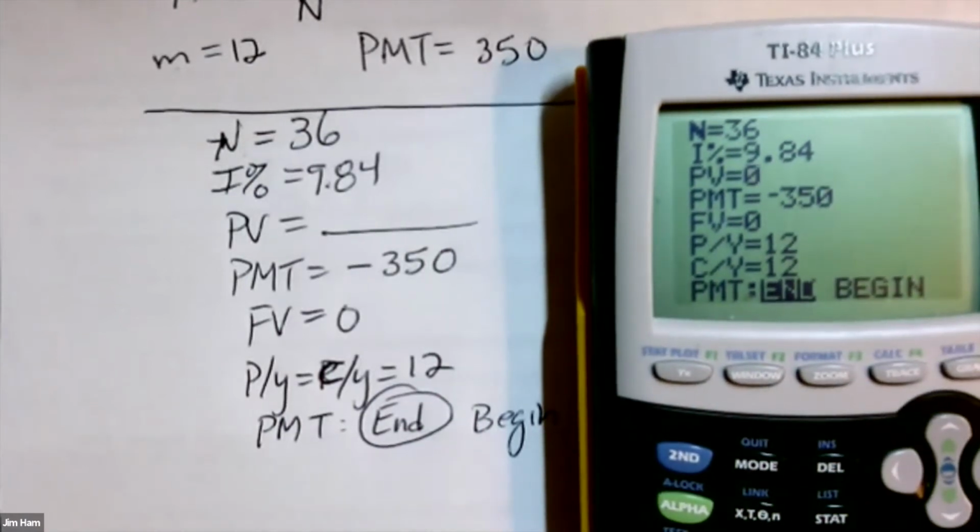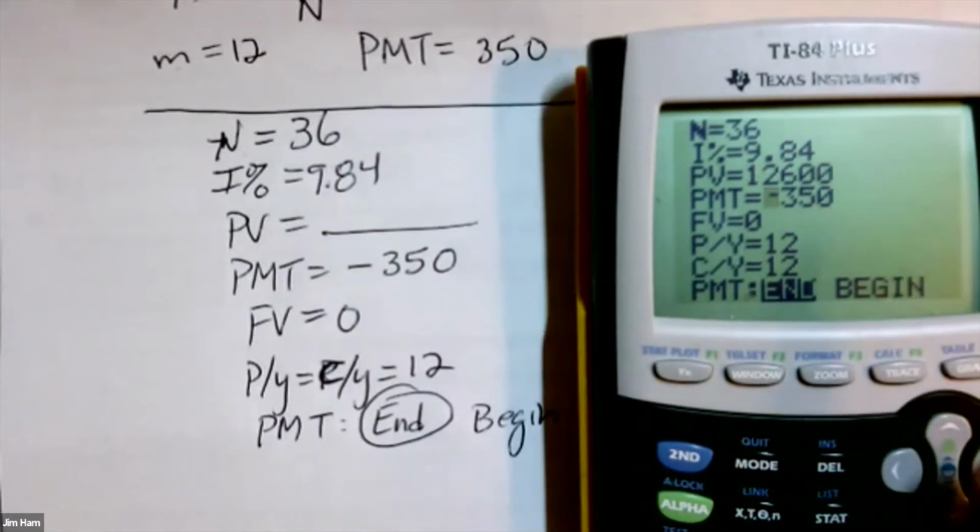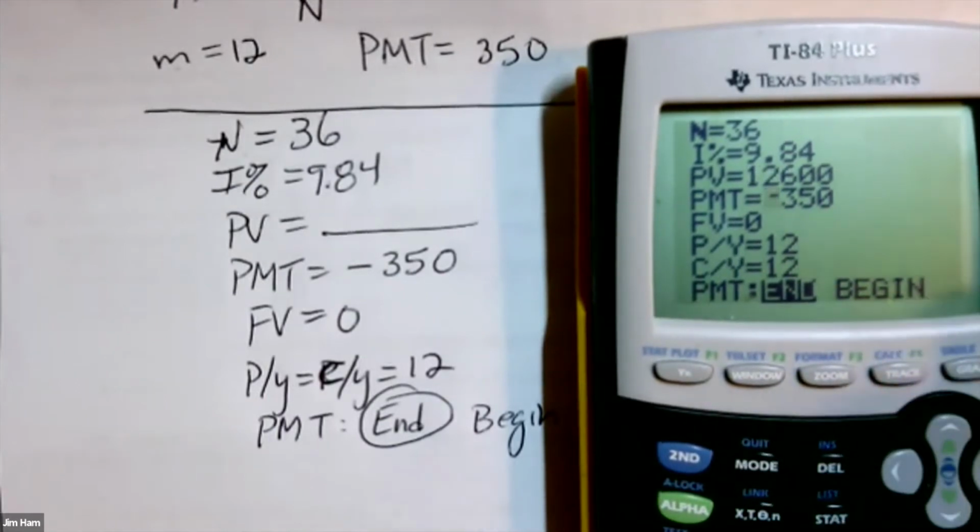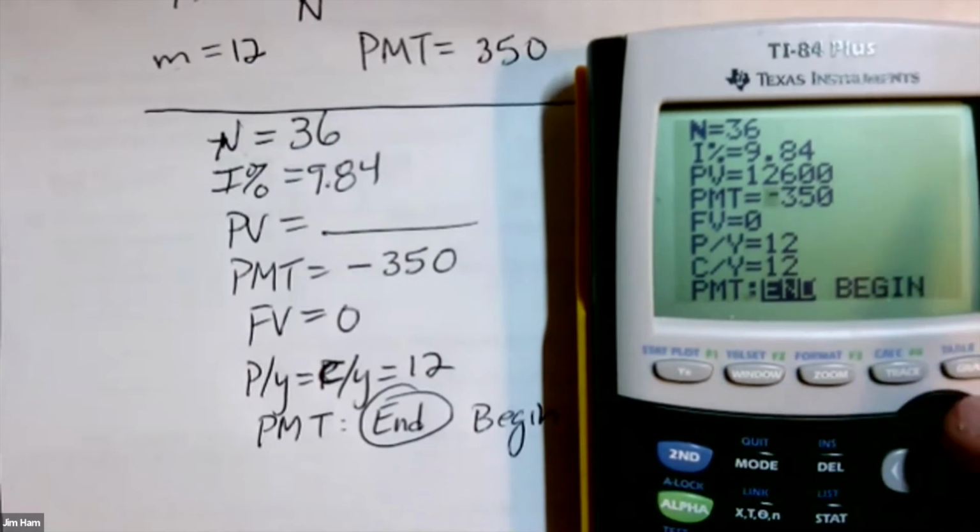Okay. 3 years, 10% interest rate, 350 payments. Just think you're going to be making that 36 times. And 36 times 350 is that. But you have to pay some interest. So I'm thinking somewhere up around 14, 15,000.